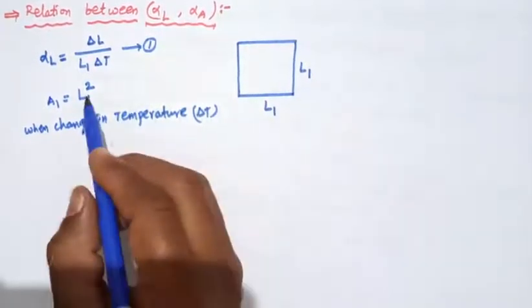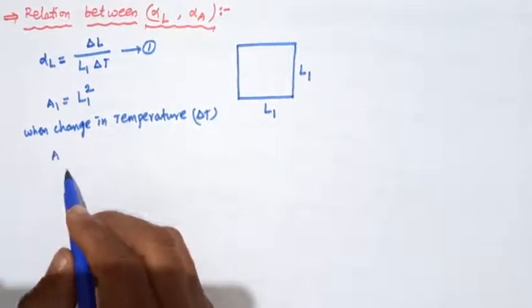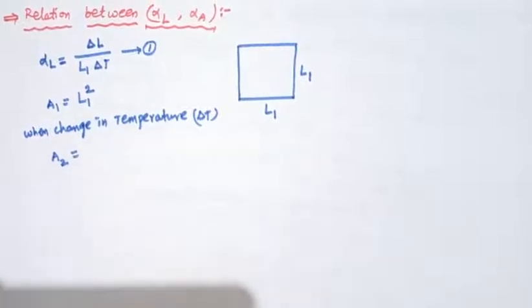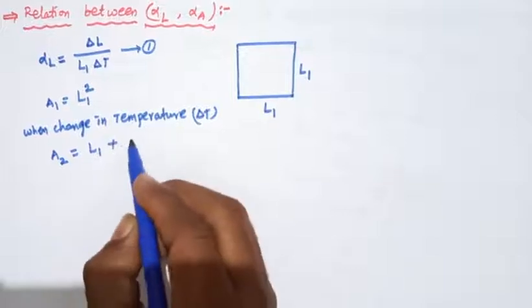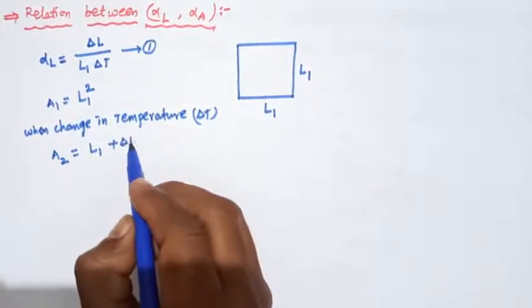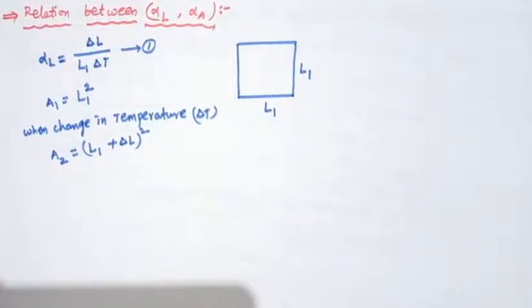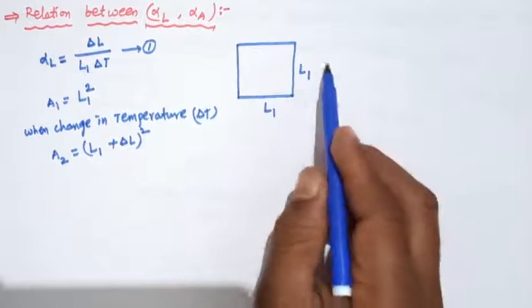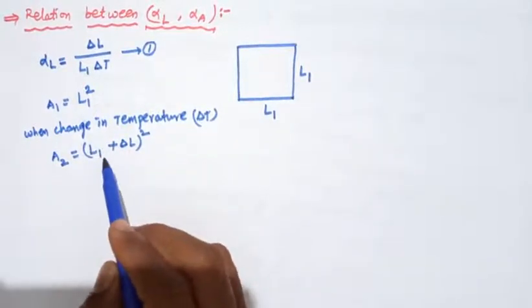So the new area A2 equals L1 plus delta L, whole square, where delta L is the change in length and the initial length is L1.